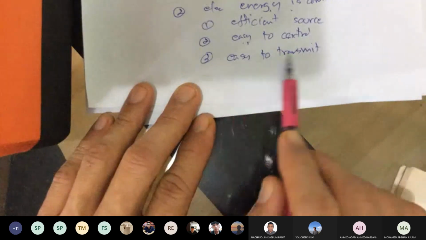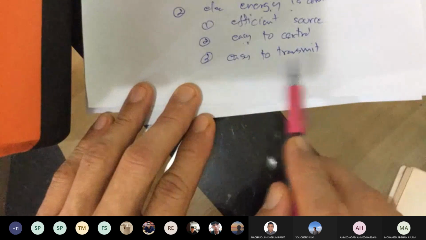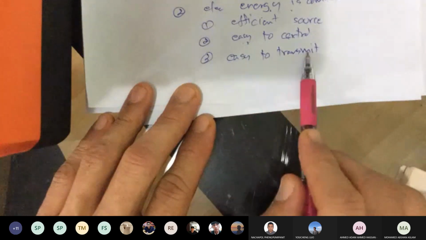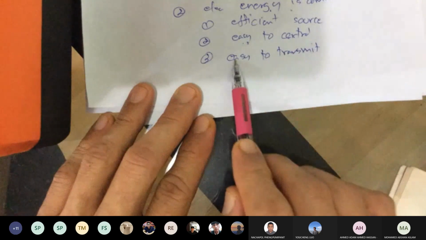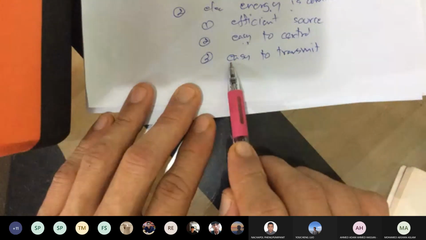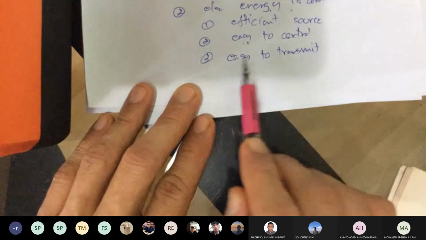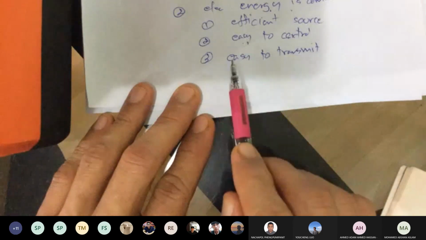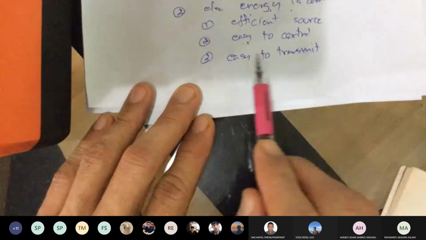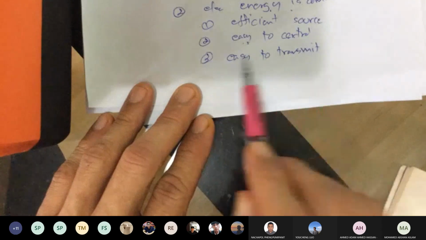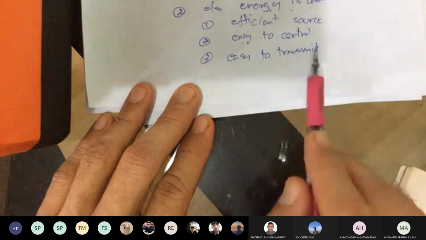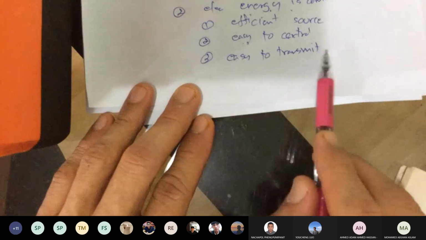How do you get that energy to you, to me, to everyone else? We do that via transmission lines. So these are not really clear-cut answers. You say easy to control, but you have to build the infrastructure. But if we assume the infrastructure is there already, let's say I want to set up a new power plant and transmit power to Bangkok, I can do that a lot easier because the infrastructure is there.